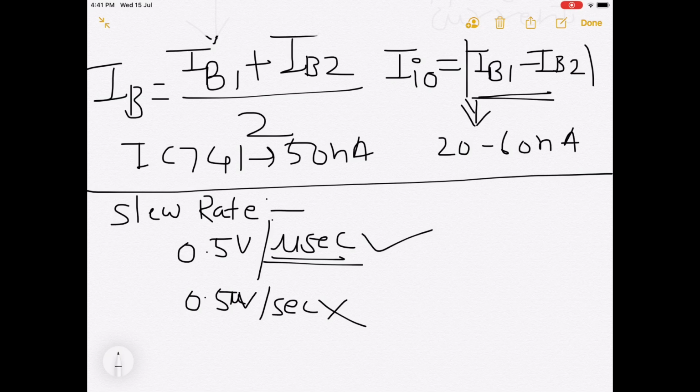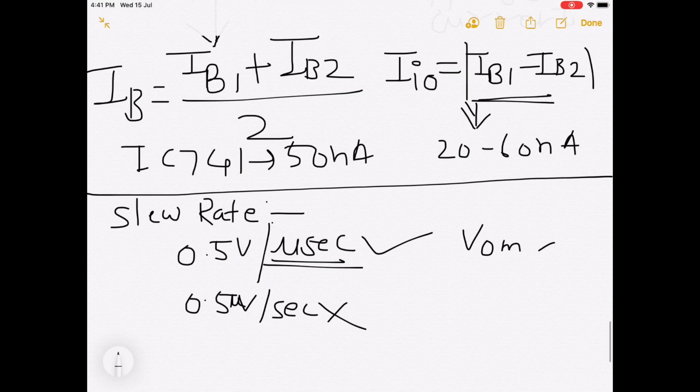It is the maximum rate of change of output voltage per unit time. So, we can write it as dVo max by dt. This is nothing but the slew rate, the maximum rate of change of output voltage with respect to time. Its value, as I told you, is 0.5 volts per microsecond.